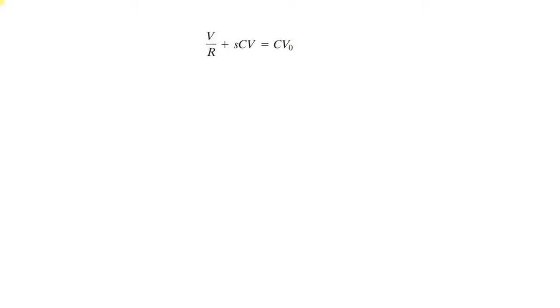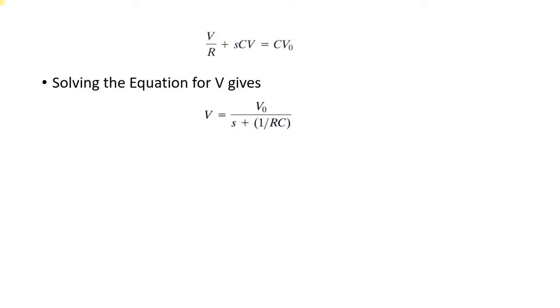To solve for the voltage, take V outside. The corresponding equation is V equal to C into V naught divided by (SC plus 1 by R). If I rearrange the equation in terms of S plus A, taking SC outside, the equation is V equal to V naught divided by (S plus 1 divided by RC).